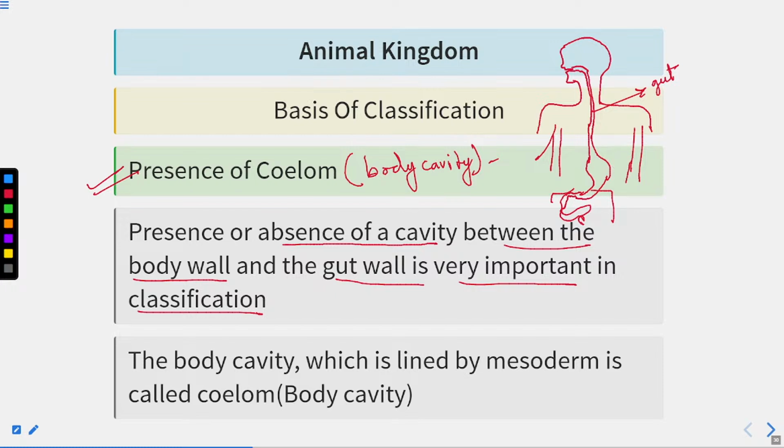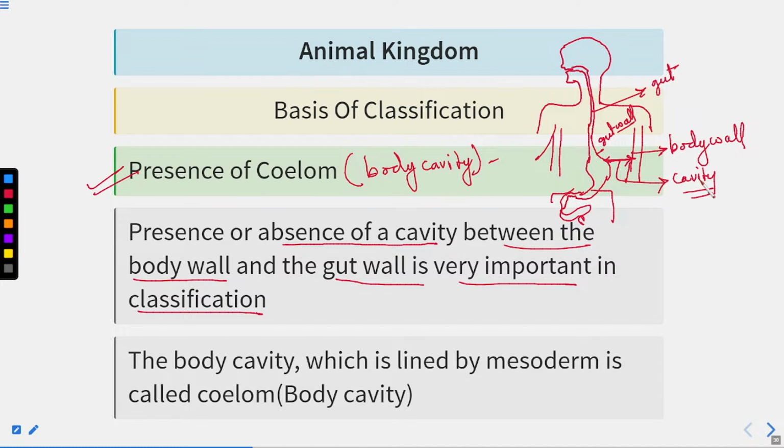Now in between this body wall and gut wall, what is present? This is a cavity. And in this cavity, different organs are present, right?